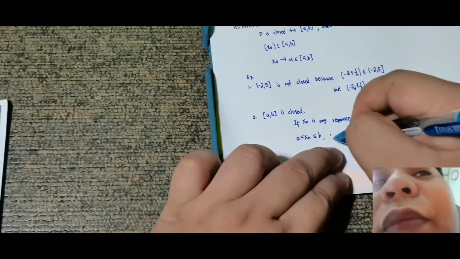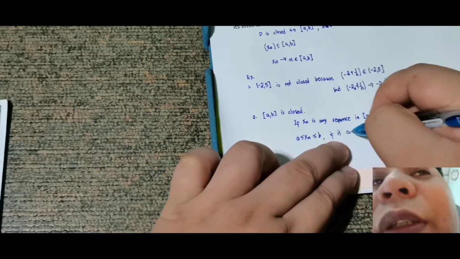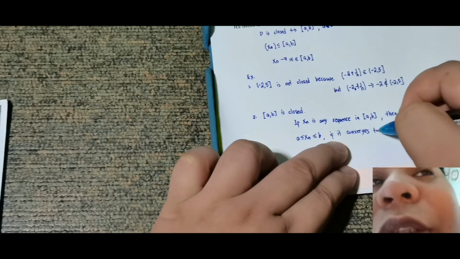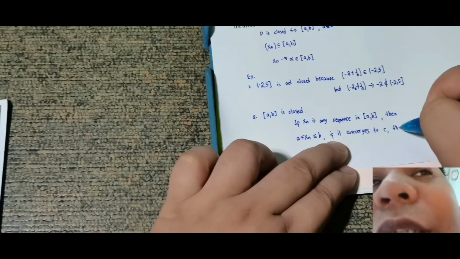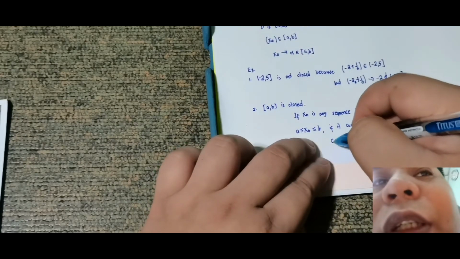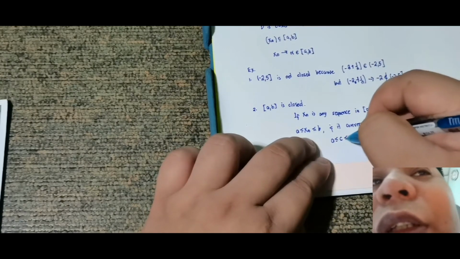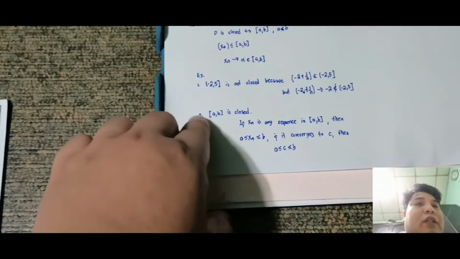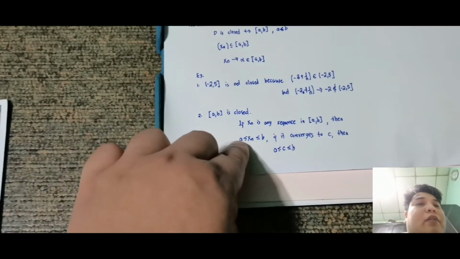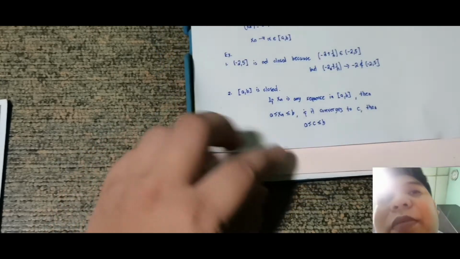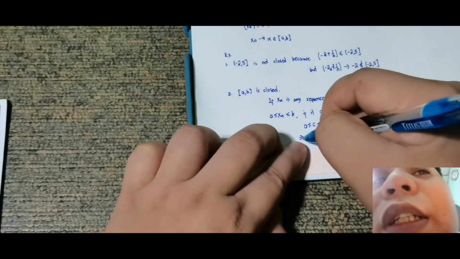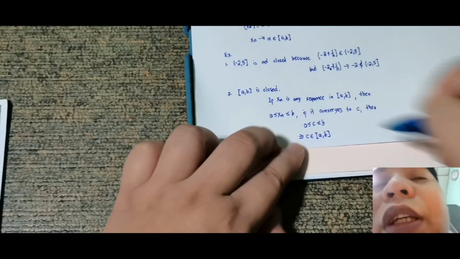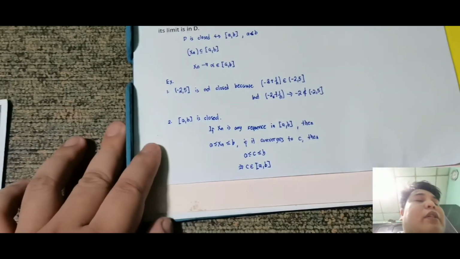If it converges to some c, then a is less than or equal to c, less than or equal to b. Ibig sabihin nasa loob yung c. Nasa loob yung x sub n, tas nasa loob yung c. This implies na si c ay element ng closed interval [a, b]. Therefore, [a, b] is closed.